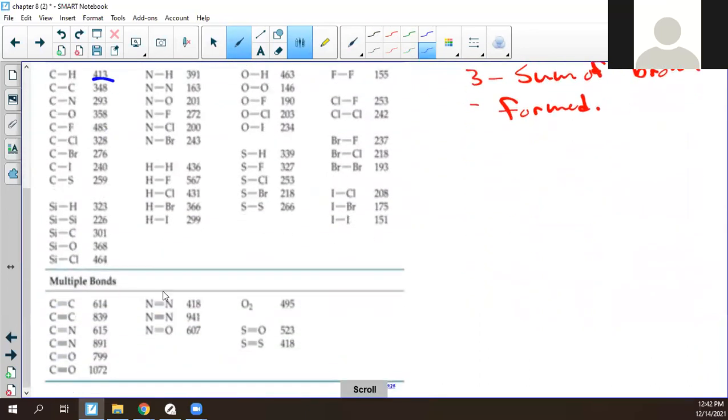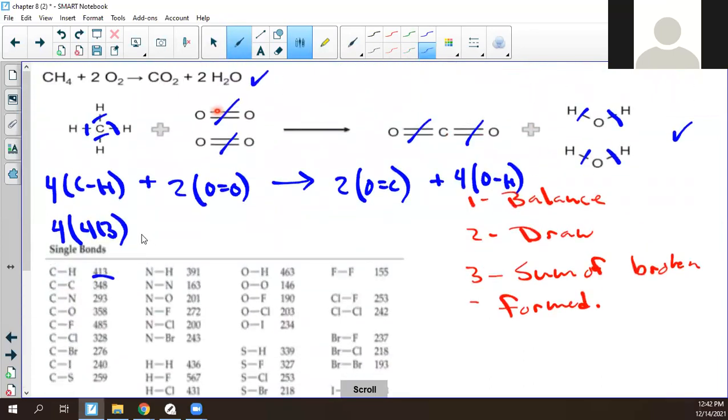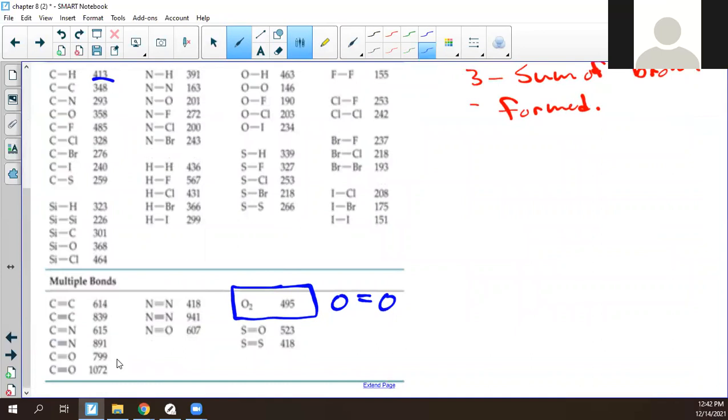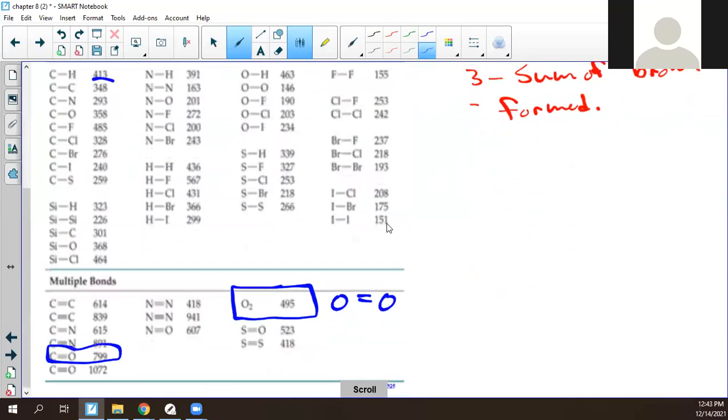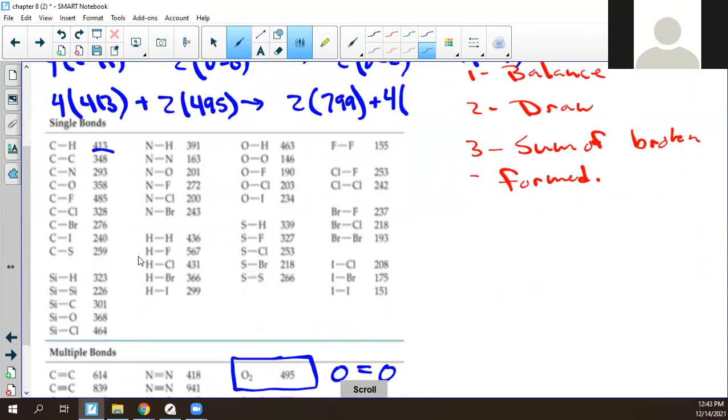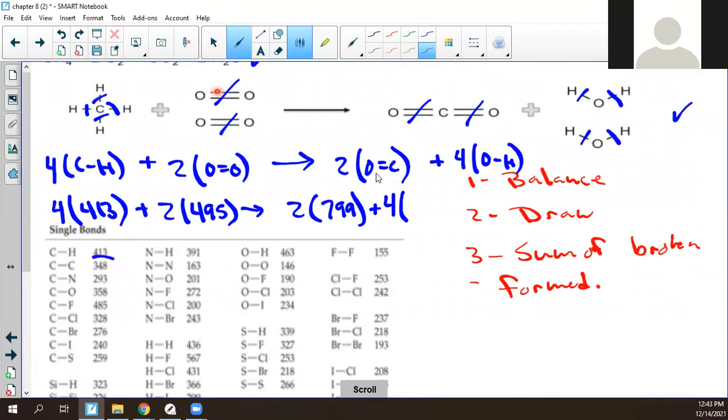I need the O2. In the book, it doesn't do O double bond O. It just calls it O2, but that is the same thing. So this is plus 2 times 495. 2 double bond O to C is right here, 799. Plus 4 O to H bonds is 463.